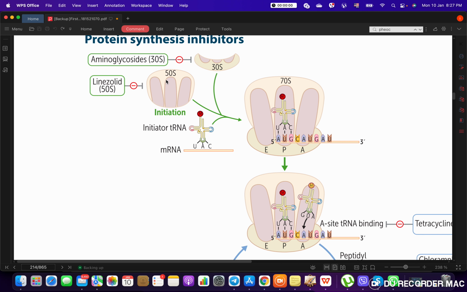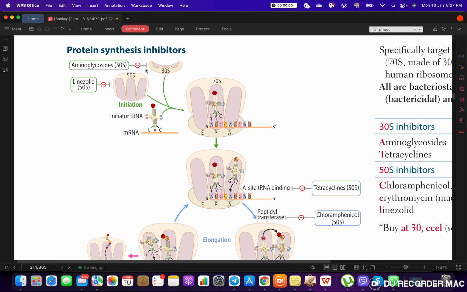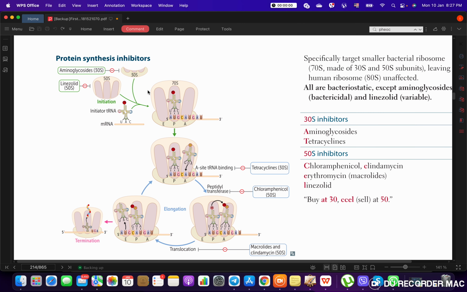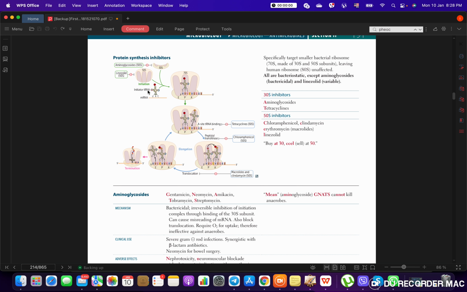But wait a second, is this human or bacteria? Of course bacteria. We will not give antibiotics for a human. We can inhibit these ribosomes in a human, but why would we do that? Why would we inhibit ribosomes in a human? In some chemotherapeutic agents.